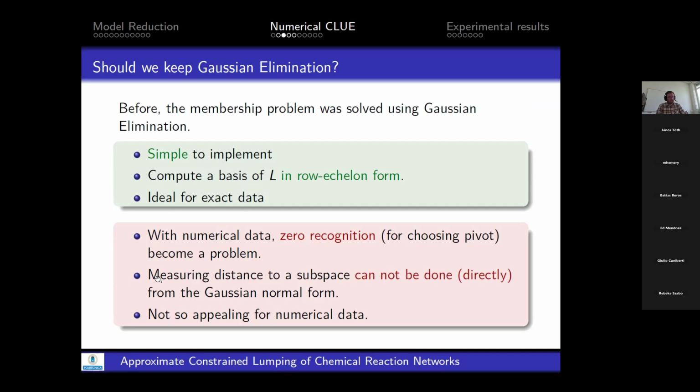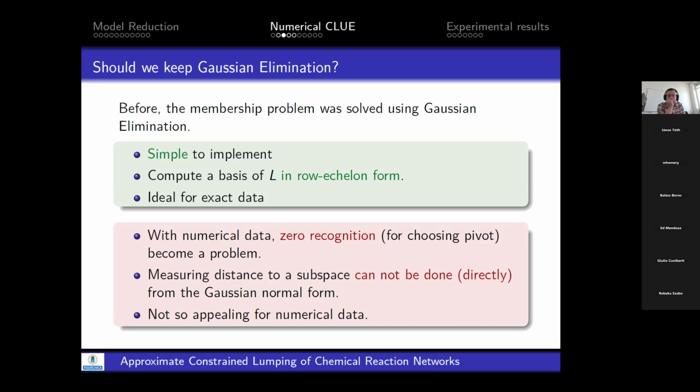Another problem is that if you apply Gaussian elimination, you have a vector in a normal form, this row echelon form, and now you want to measure the distance to a subspace. It's not direct. You need to do more computations to compute the distance. So it seems that Gaussian elimination was not the way to go. So what did we do?